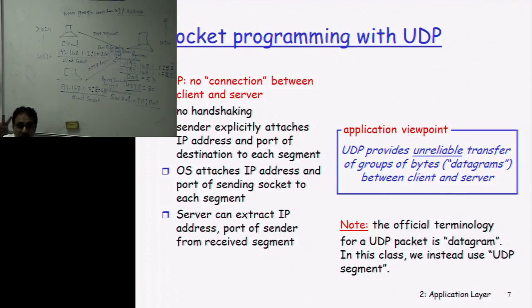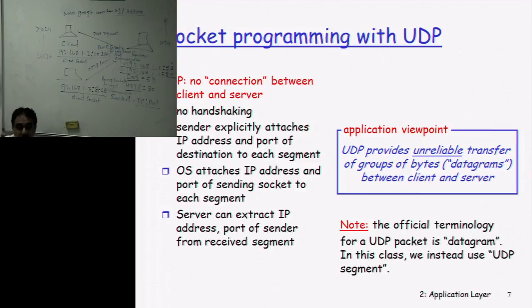That segment will come from the transport layer to the network layer. The network layer will attach another header, the IP header. What will the IP header contain? Source IP address and the destination IP address. Very good.